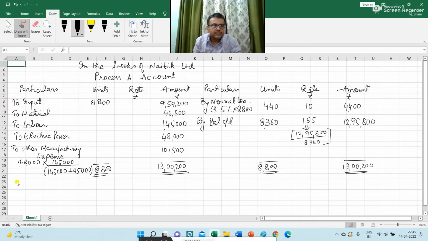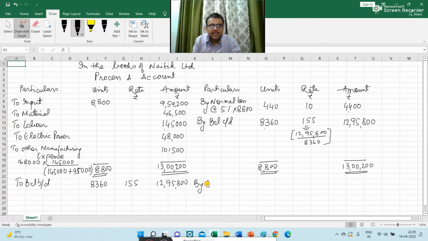Now to balance BD, here I am writing 8,360, which is valued at 155, and 12,95,800. Now you can see in the question that the number of units which is transferred to process B account is 8,300. It means that there was an abnormal loss of 60 units.